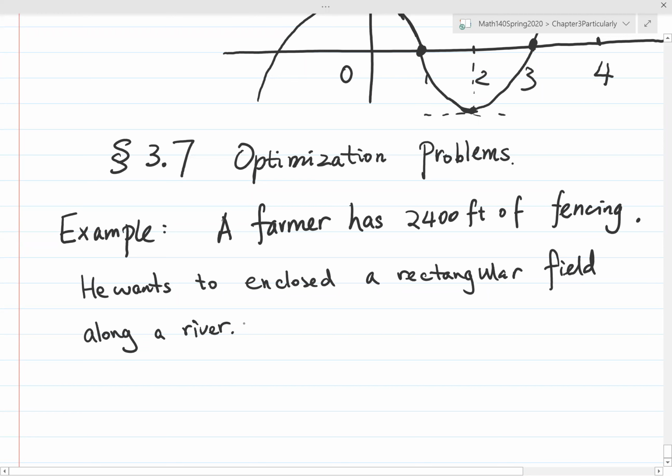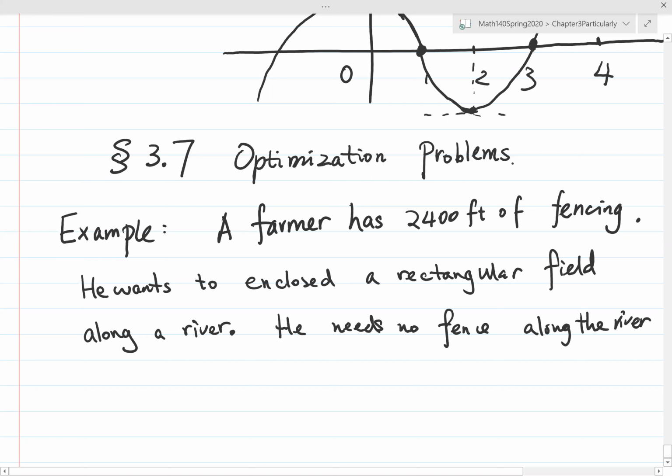The river offers a natural boundary, so he does not need fence along the river.